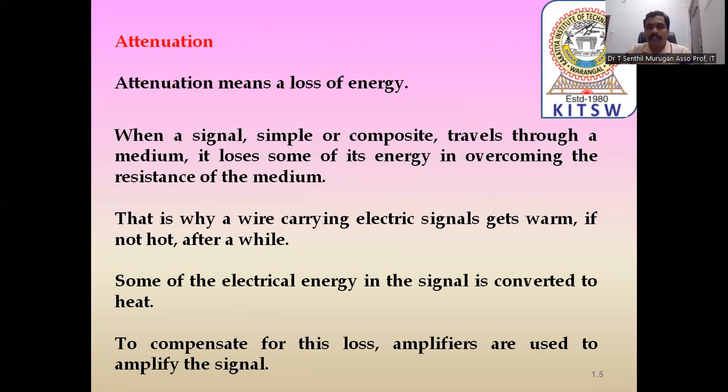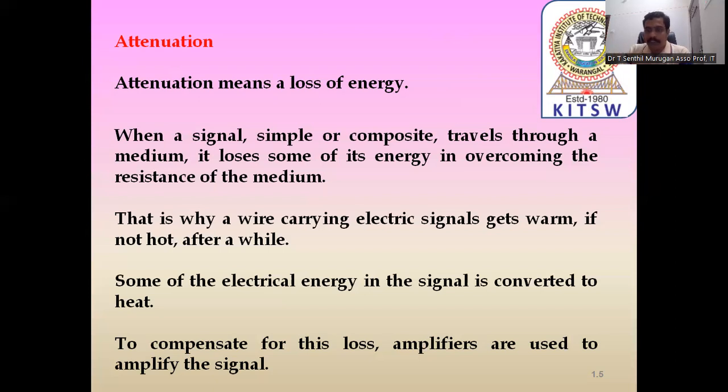When a signal, whether simple or composite, travels through a medium, it loses some of its energy in overcoming the resistance of the medium. That's why a wire carrying electrical signals gets warm, if not hot, after a while. Some of the electrical energy in the signal is converted to heat.